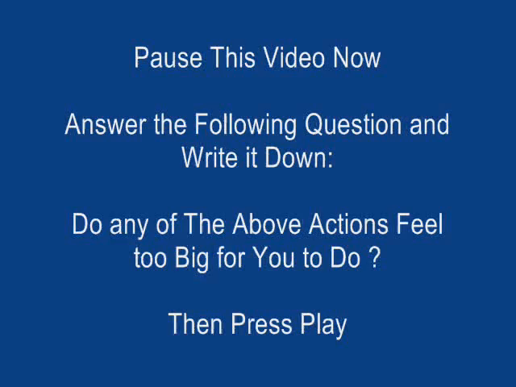The next question is, do any of the above actions feel too big for you? In other words, do the actions feel like they would just be too big of a step for you to take right now? Or is the step actually doable for you? So number 4, if the steps feel too large, then you can break it down into smaller steps that feel doable to you.